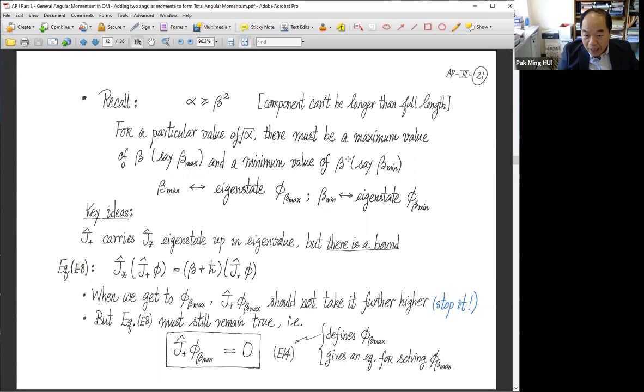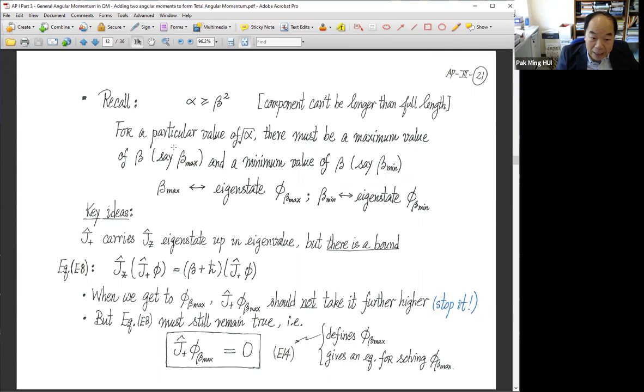So that maximum value, we will call it beta maximum. Similarly, there will be a minimum value that J minus takes it down to and should stop. It cannot go one more step lower. We will call it beta minimum, okay? At this point, we don't know how they are related. We will find it out.